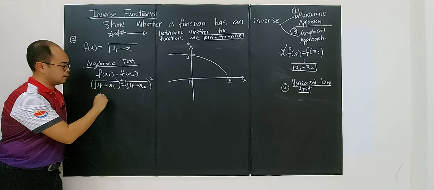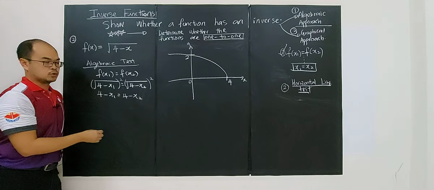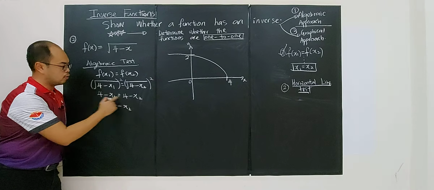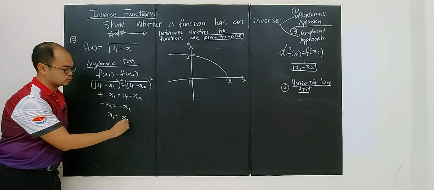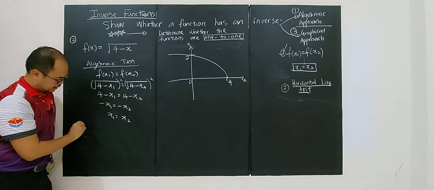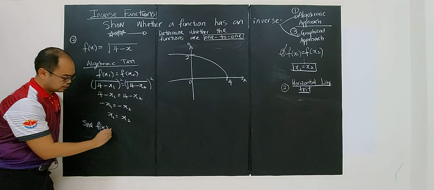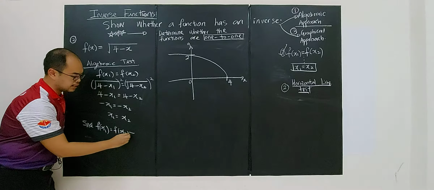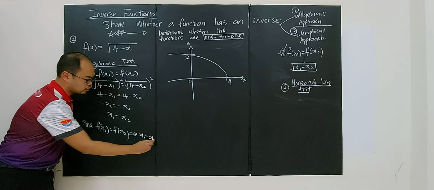So you have 4 minus x1 equals 4 minus x2. Then negative x1 equals negative x2, since 4 minus 4 is 0. Divide by negative, you have x1 equals x2. Yes, you see, since f(x1) equals f(x2) implies that x1 equals x2.